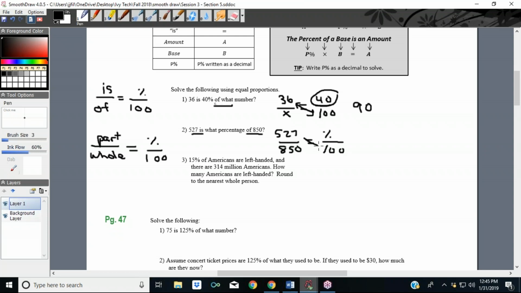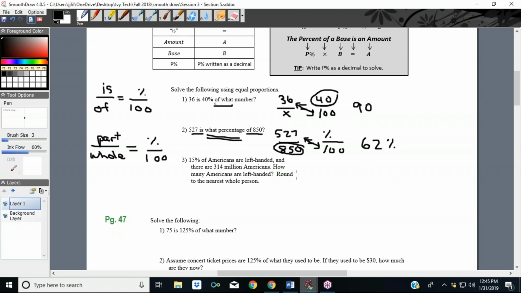And so same idea, we're going to multiply these two diagonal ones and divide by the 850. And what do we come up with? 62, it looks like some people got, okay. So this is not just 62, but it's 62% because we're finding a percentage. What percentage? 62%.